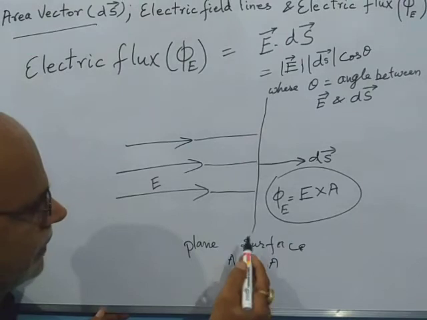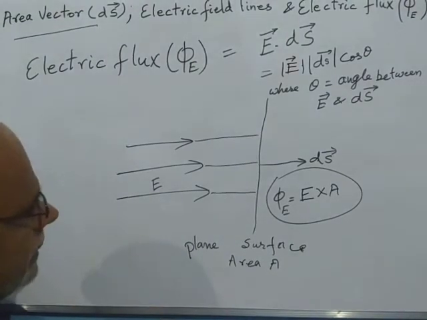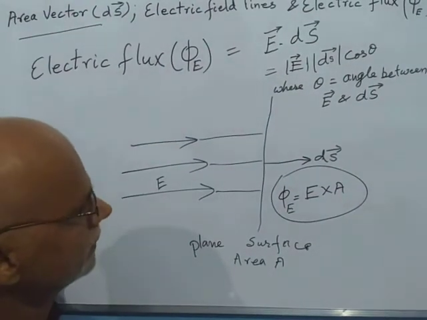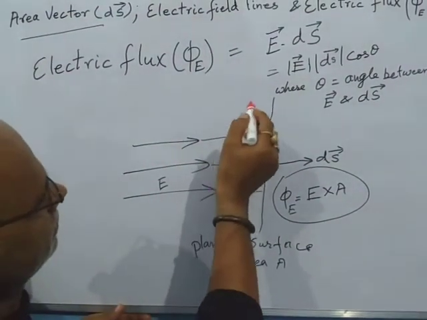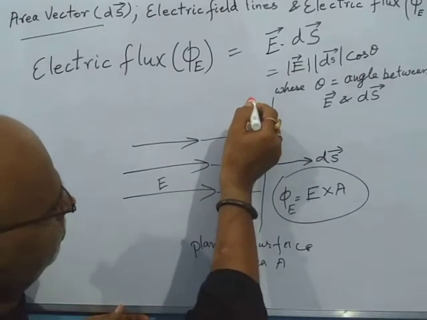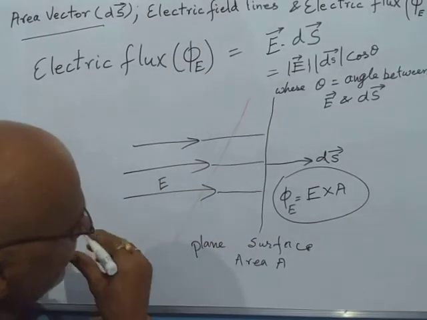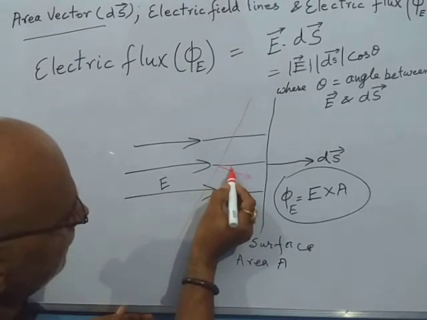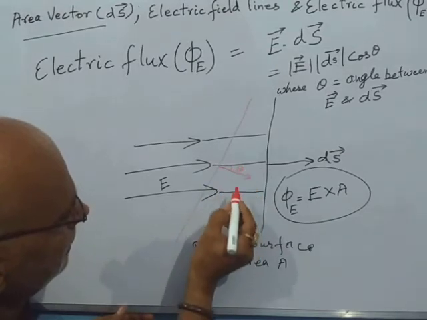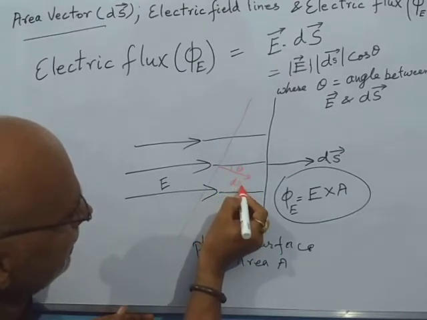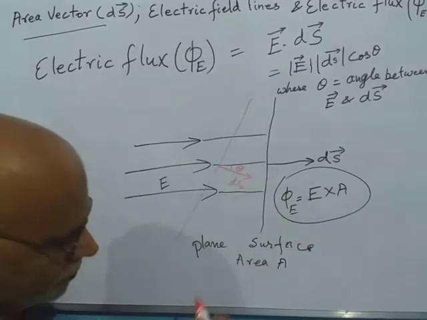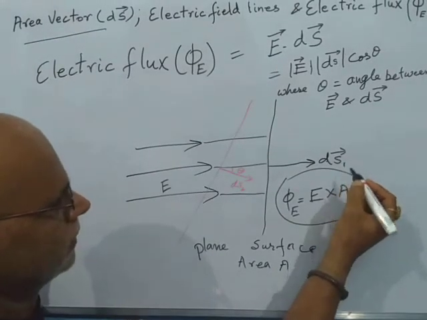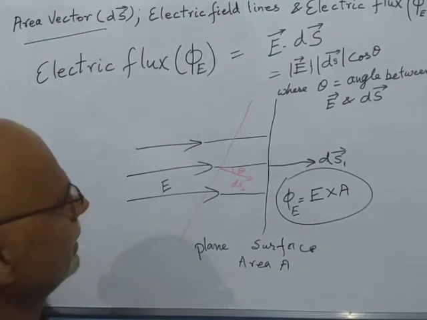So we see that if we have a different situation, a different surface, let us draw it with a red line. If we have a surface placed here in this direction, then you can see the area vector of the surface will make some angle with the electric field. Let us call the earlier first surface's area vector S1, and this one area vector S2.